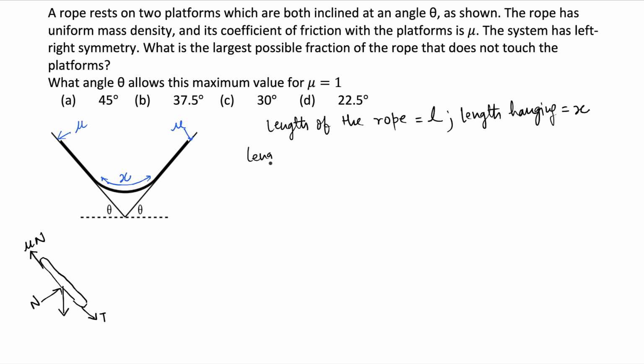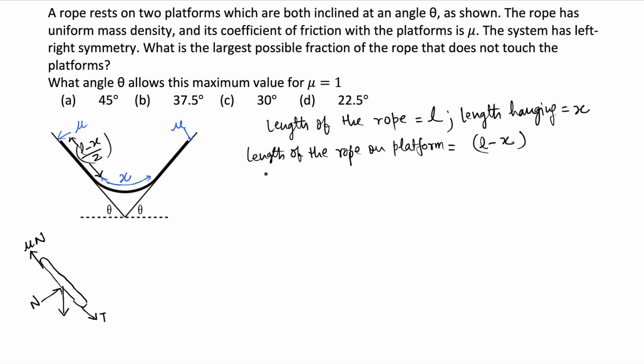The length of the rope on the platform is L minus X, right? So on each side, it will be (L minus X) by 2. So that's the length of the rope on the platform, right?